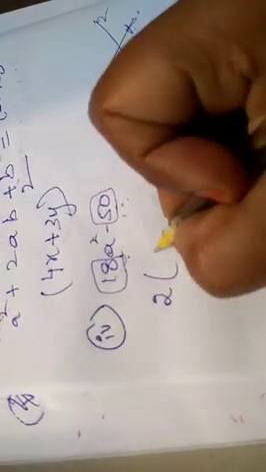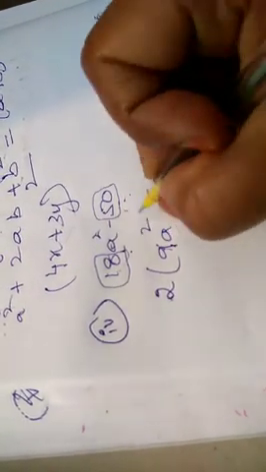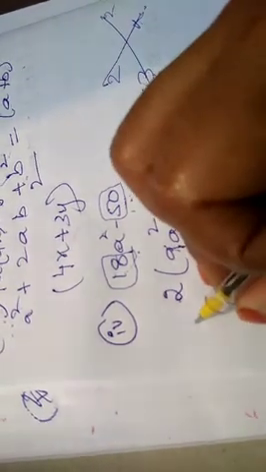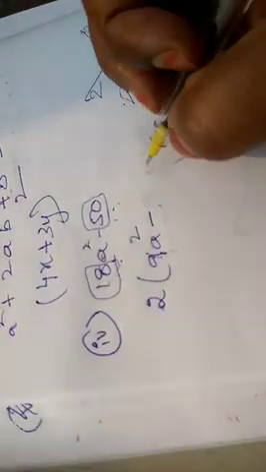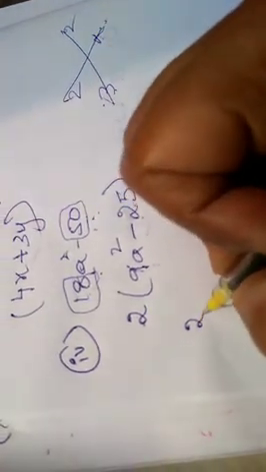In 3 table 18 goes, but 50 will not go. So I have 2 as common, so let me take 2. 2 into how much is 18? It is 9, right? So 9a square minus, if you take 2 common from 50, you will get 25. 2 25s are 50. Now I can write this 2 as it is.